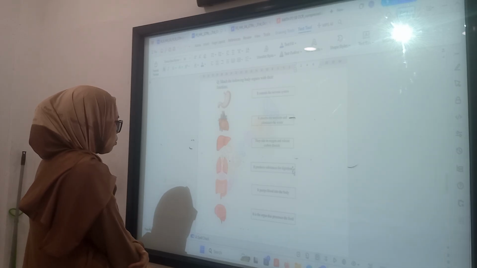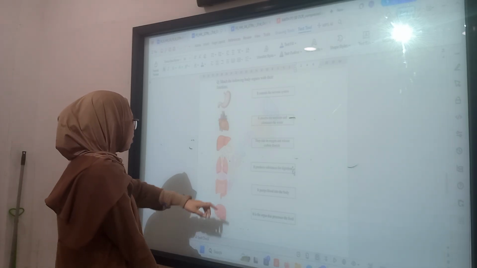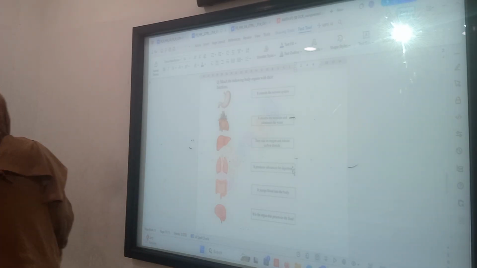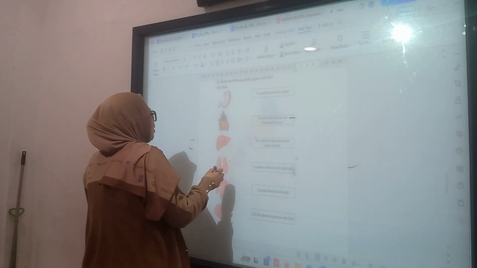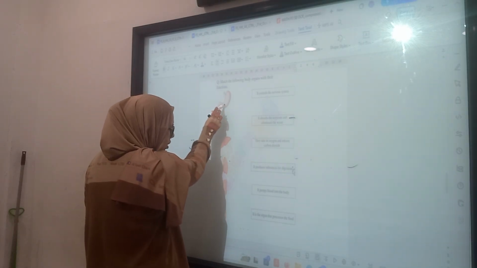Rest of food organ. Okay, this lung. This is stomach to this.